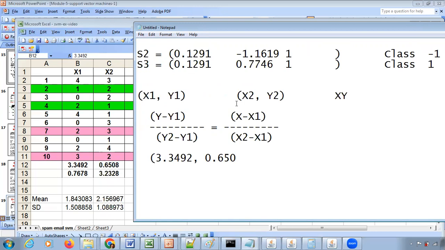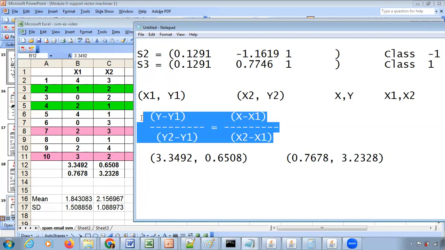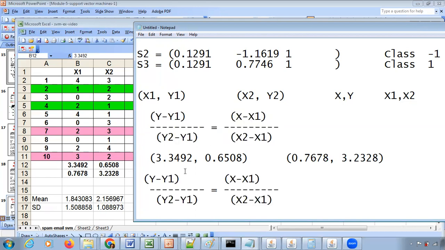And the other point is 0.7678 comma 3.2328. So these are 2 points, and now you want to plug them into this equation. You can just use this for reference.